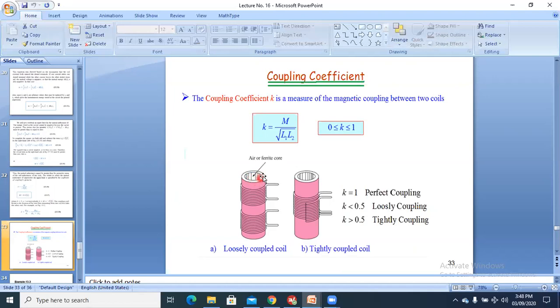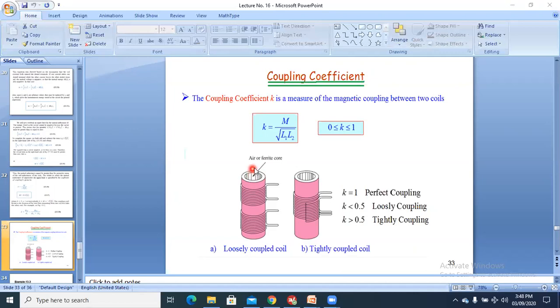This is in fact an air or ferrite core, and the center of the core is empty to allow the flux to pass through it.